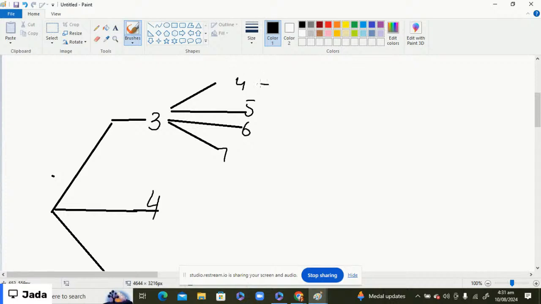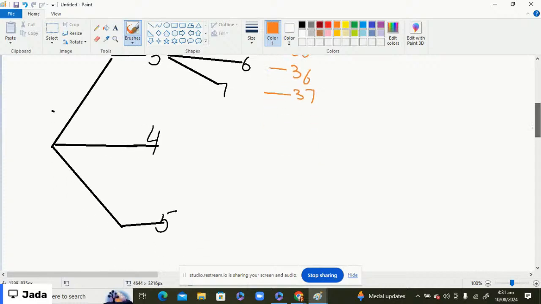So for the 4, first of all, it's 3 and 4, then 3 and 5, then 3 and 6, then 3 and 7. 3 with every number. Okay, we put 3 with all the numbers.